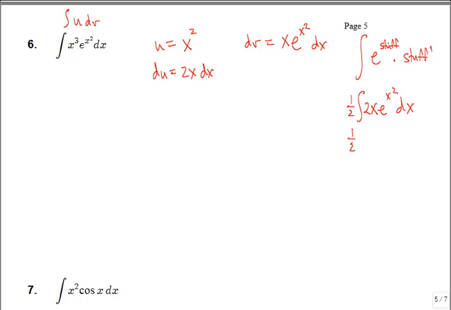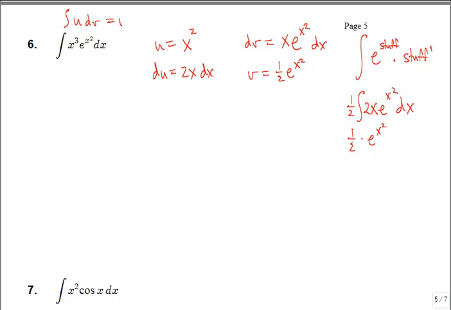The integral of e to the stuff times stuff prime is just e to the stuff back again. So this is just going to be that e to the x squared back again times that extra 1/2 that we had to counterbalance by. So the v here, the integral of this, is 1/2 e to the x squared. The 1/2 is coming from that counterbalancing. All right, we now have our four pieces.